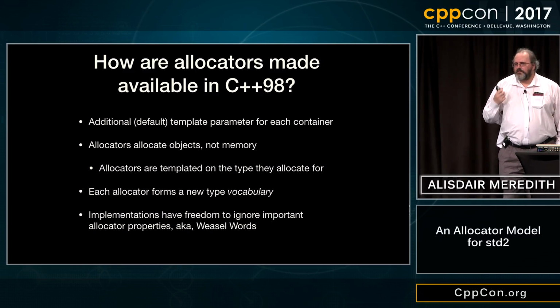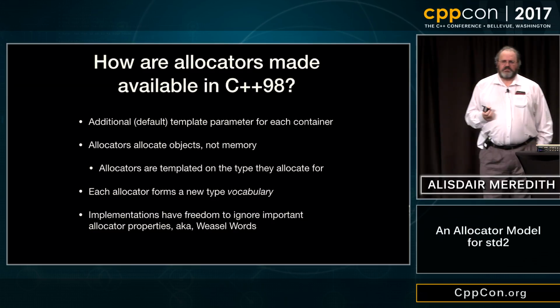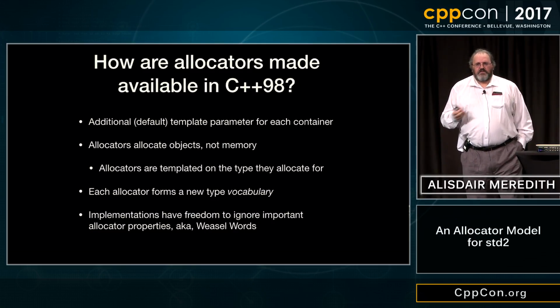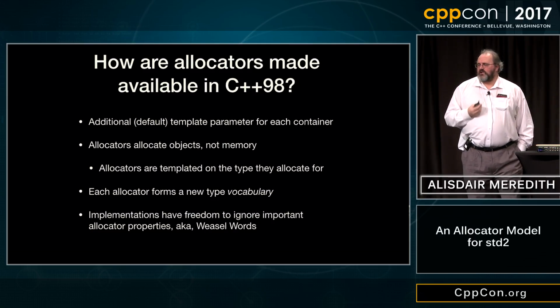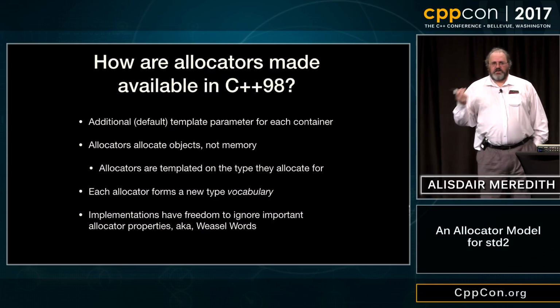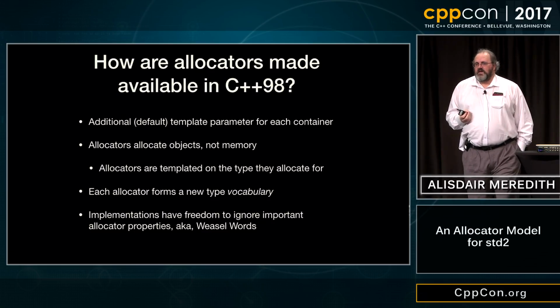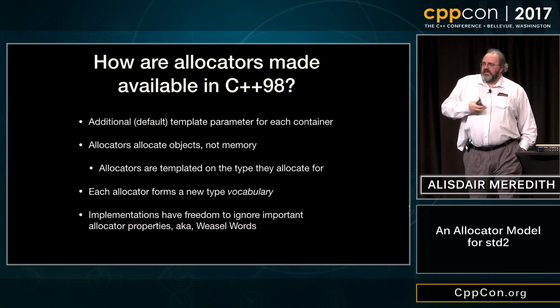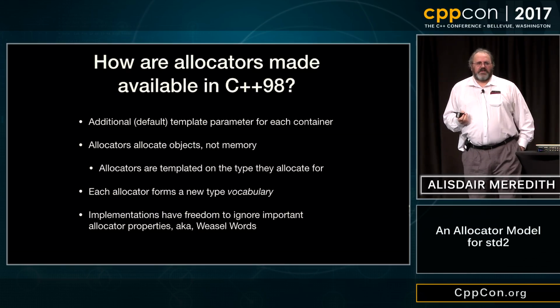And vocabulary is an important issue when it comes to API design. Because if I want to have easy interoperation of my code across the system, I need to be passing common, well-understood types. And if every time I want to do something subtly different with my allocation strategy, I create a new type, is that new type a reasonable type to have in the interface?